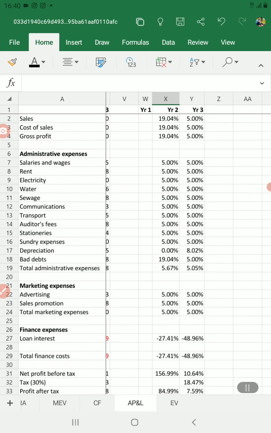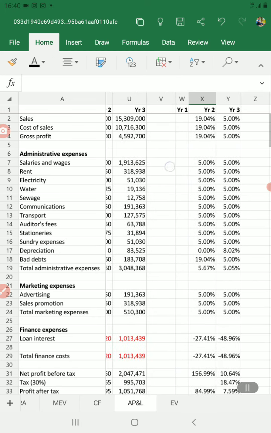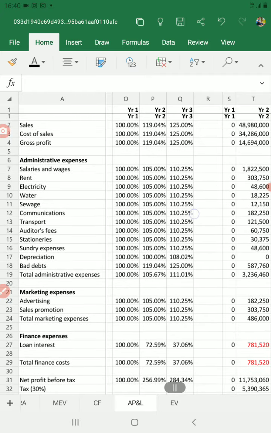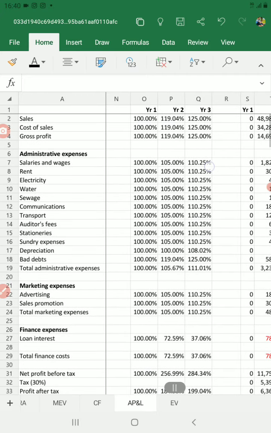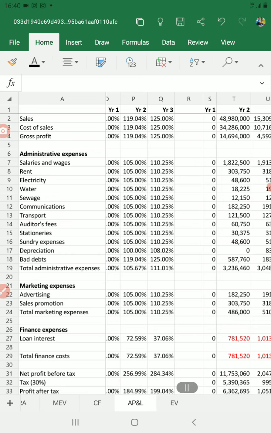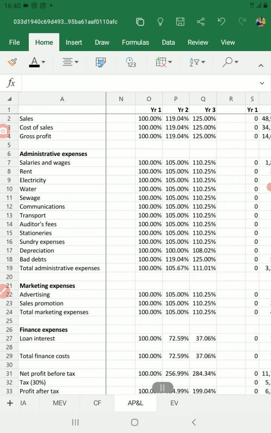So we have our horizontal analysis using both methodologies, the baseline and year over year. We now see the trend of our projected income statement, and if we have industry data for this horizontal analysis, we can compare our projected performance with the industry.